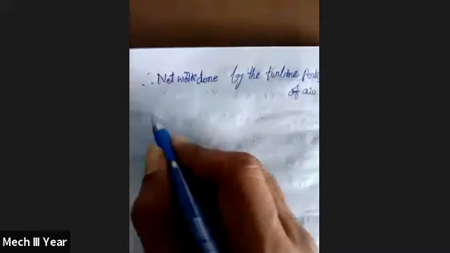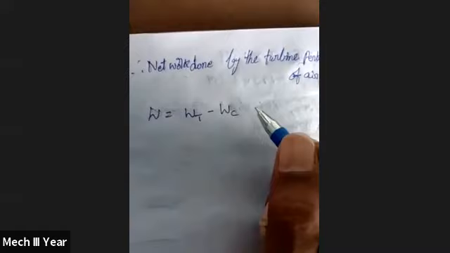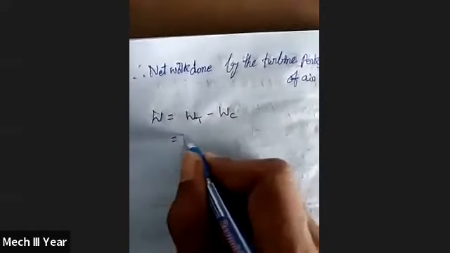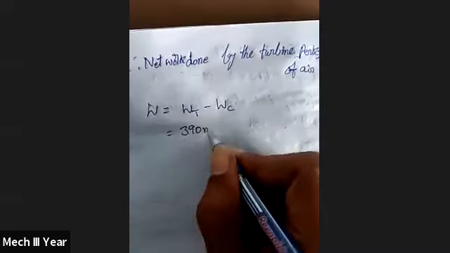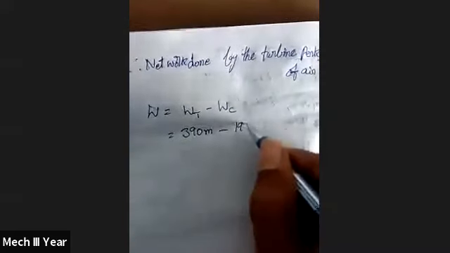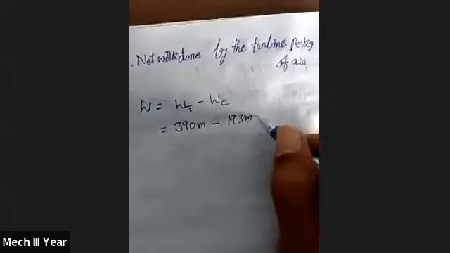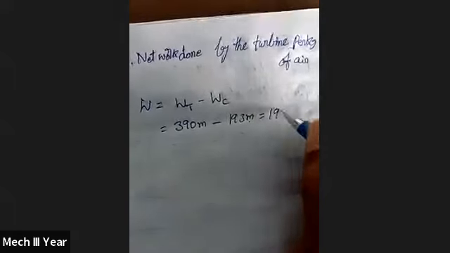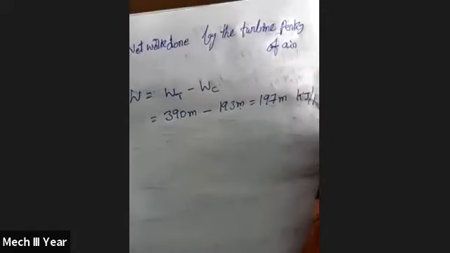Net work done W is equal to WT minus WC, the standard formula. WT we already found as 390 M minus 193 M. M means mass of air. Then here we calculate this as 197 M kilojoules per second.